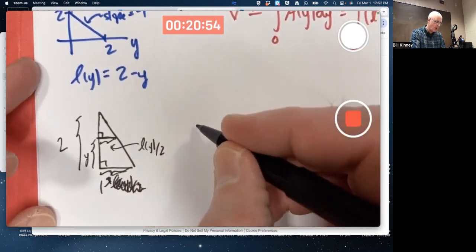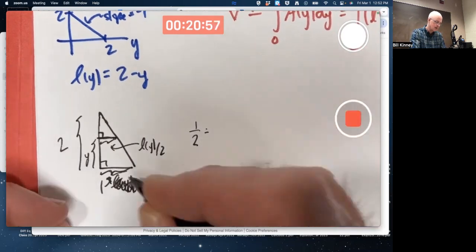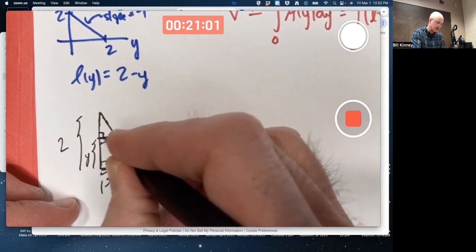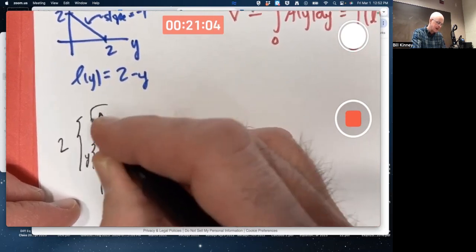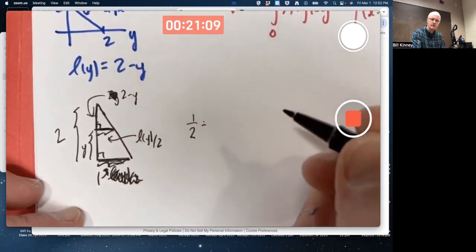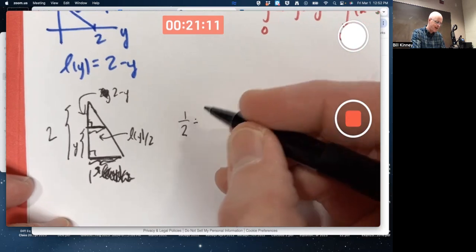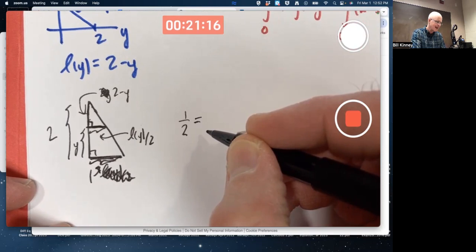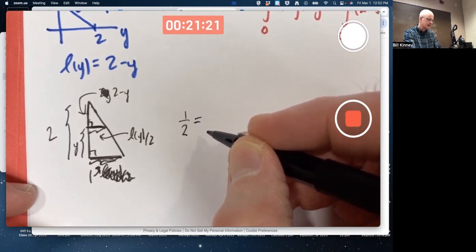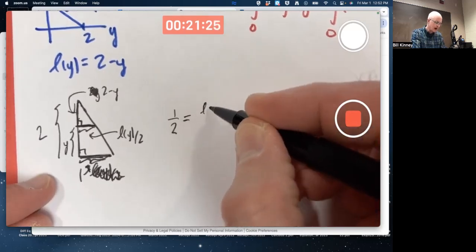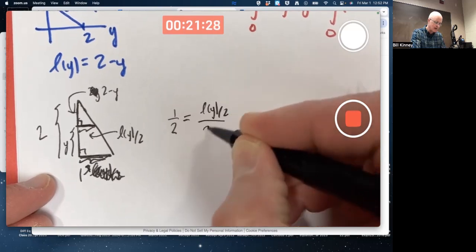So the ratio 1 divided by 2, for example, this length here divided by this length here, should be the same as the ratio L of y over 2 divided by this length. That length right there is 2 minus y. You could also use the fact that this is evidently a 30, 60, 90 degree triangle, I think, as well. Anyway, 1/2 will be the same as L of y over 2 divided by 2 minus y.